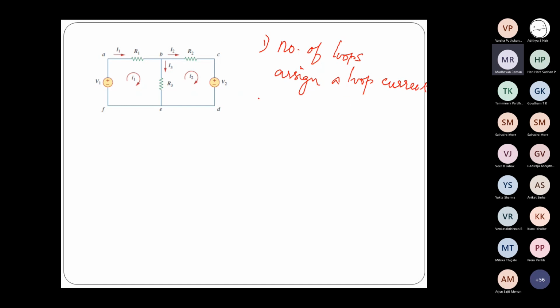Okay. So then the second thing is apply KVL for all of the loops and write the equation. Apply KVL and write the voltage equation for all the loops. Depending on the number of loops, I'll have that many unknown currents, and similarly the same number of equations.